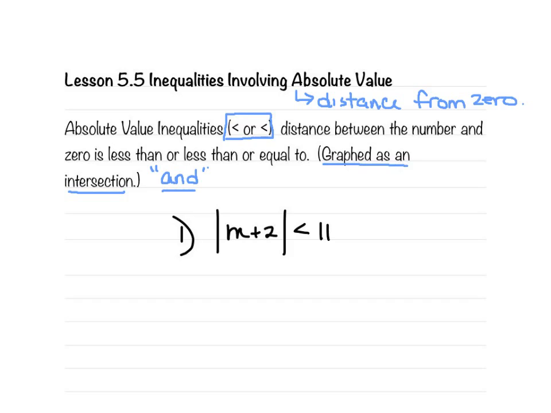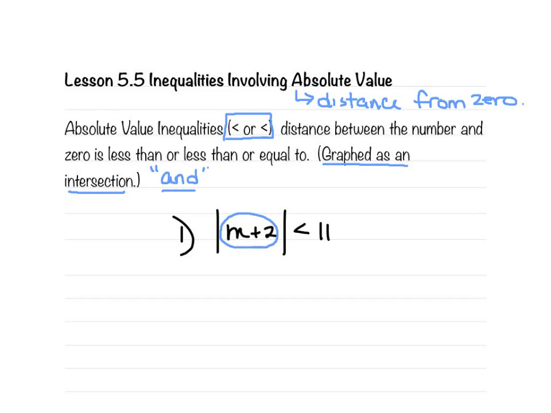It will become a compound inequality because you'll recall that when we solve absolute value equations, we would separate two cases. We would have to consider case number one, where that which is inside the absolute value bar is positive, and case number two, when what's inside the absolute value bar is negative.